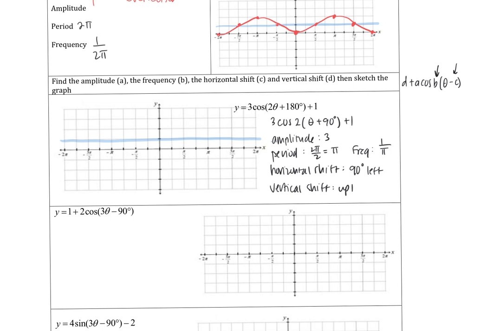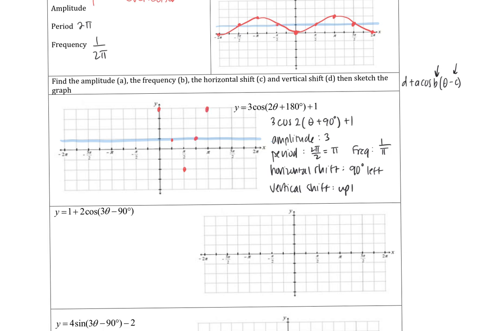If I had this cosine function, I would start up the amplitude on the y-axis. I need it to complete by pi, so I'm looking at pi over 4 as the distance between my anchoring points. Hit that midline. Now I'm going down 1, 2, 3, the amplitude, midline, and then up the amplitude.